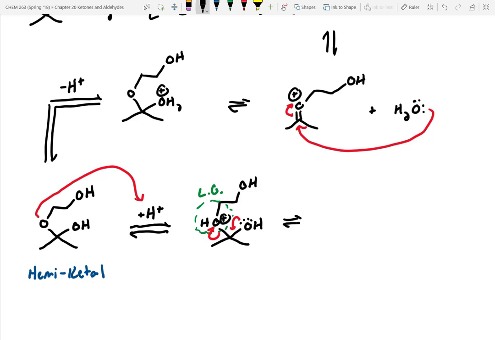At this point, we've made ethylene glycol. That was our entire leaving group that got launched off.